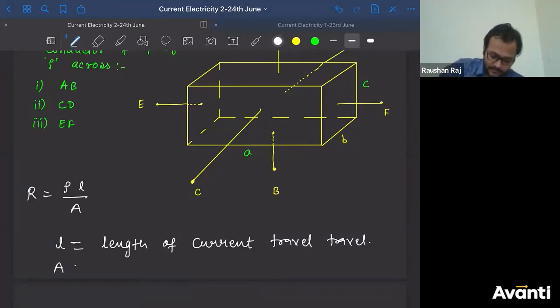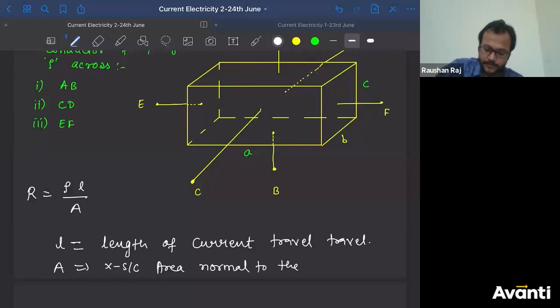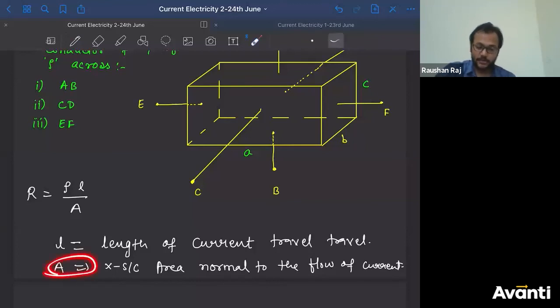What is area A? This is the cross section area normal to the flow of current. All right, bachcha log. So area is the cross section area normal to the flow of current.